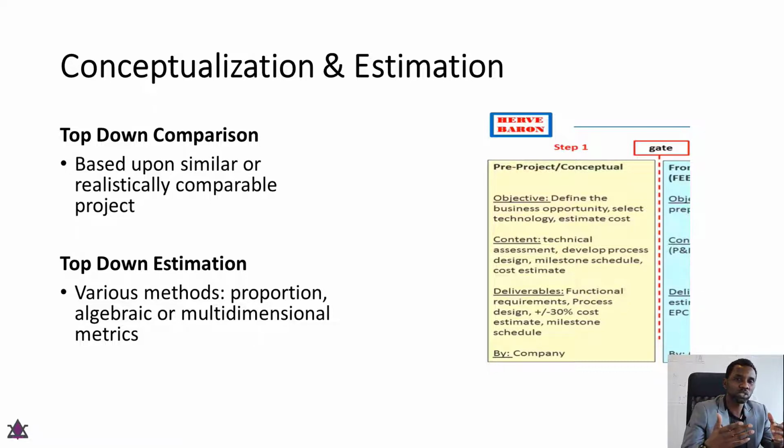There are also equations that can be used where you place one as the numerator and the other as the denominator, and a power factor is used to estimate the likely cost of this other project. So these are some ways to do top-down estimation for oil and gas projects when you are in the step 1 stage of the project.